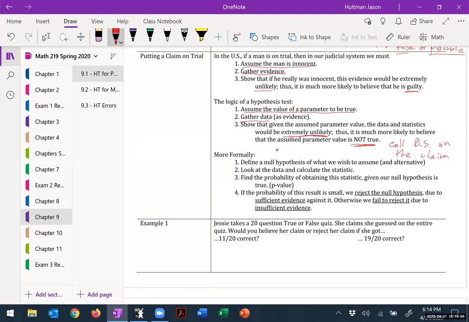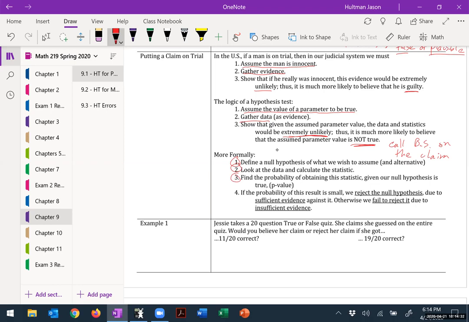More formally, define the null hypothesis, what we wish to assume, and the alternative. So what's the null and what's the alternative? Look at the data and calculate the statistic. Number 3, find the probability of obtaining the statistic given our null hypothesis is true. Assuming it's true, how far away is our statistic?